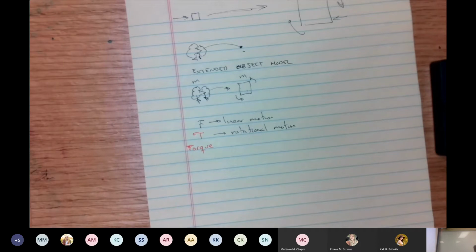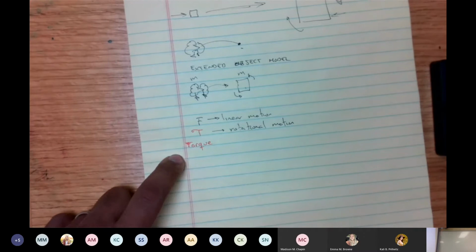Your shoulder is a pivot point for your arm. Same as your jaw, your neck. Pretty much every single motion that we have in our body is some kind of rotation. So actually rotations tend to be a little more important for us than forces. Well, kind of. But that's why we're going to talk a lot about torque.